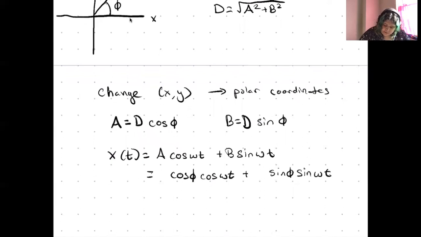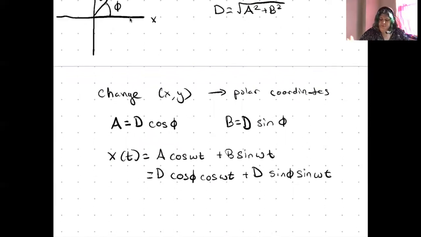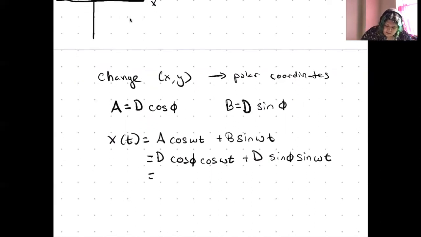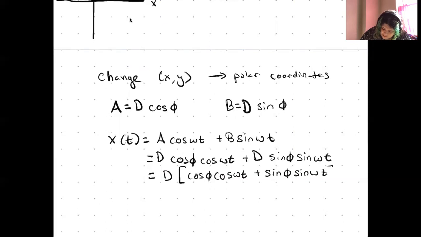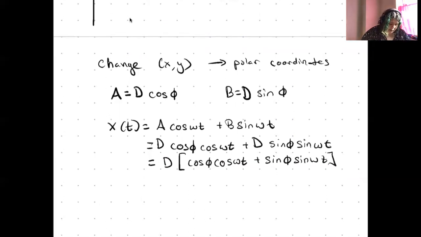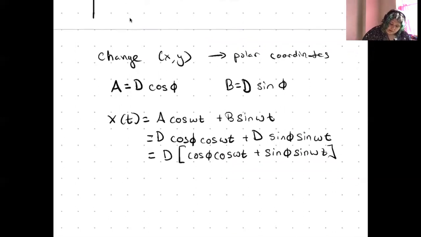But here I'm going to put those D's in, and we see that we have the same coefficient out in front, which we didn't have before when we had the big A and the big B. And then I have this multiplication of trig, which looks like I'm making it more complicated here. But one thing that we can use is this trig identity.